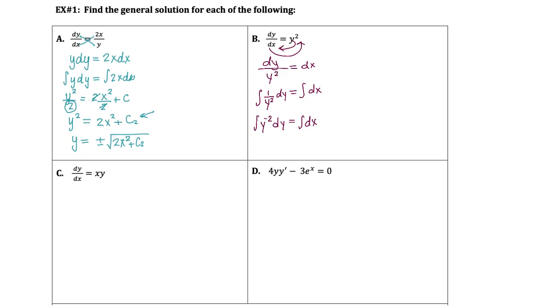And so here if we integrate this, that's going to be negative y to the negative 1 equals x plus c. And then moving up here, that's the same thing as negative 1 over y equals x plus c.